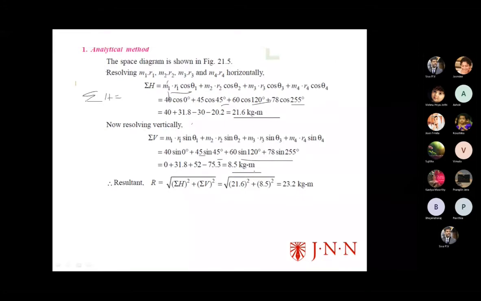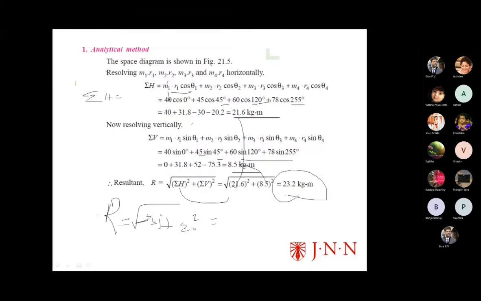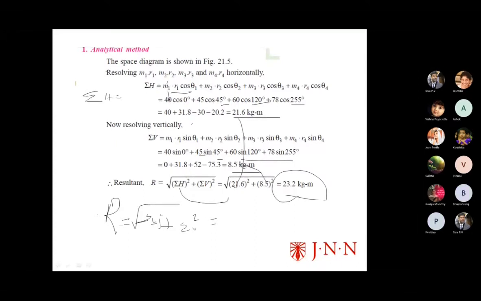Now resultant. You studied engineering mechanics, resultant R equal to the square root of summation of H square plus summation of V square, with summation of H value 21.6 and summation of V 8.5. So finally we will get resultant 23.2 kilogram meter. So this is called the magnitude, right?